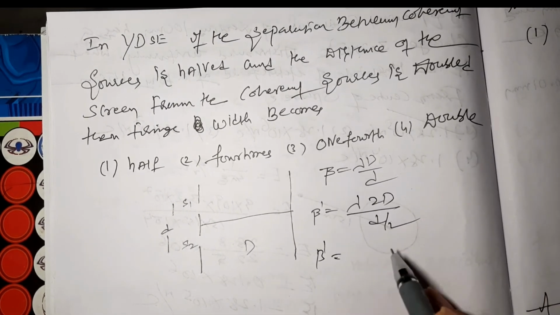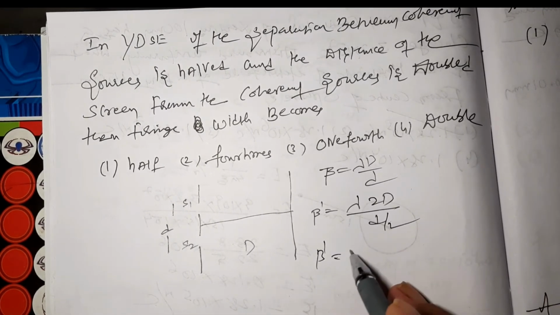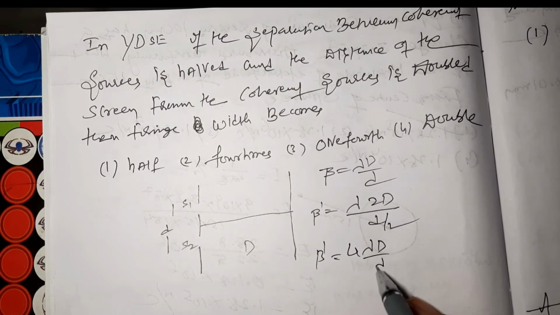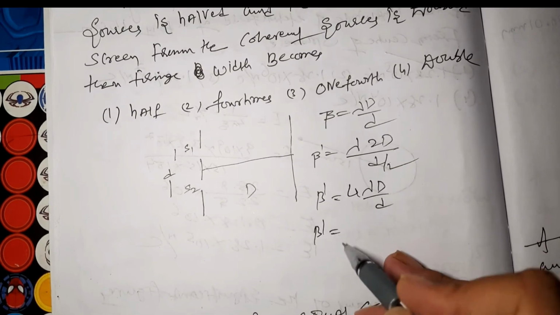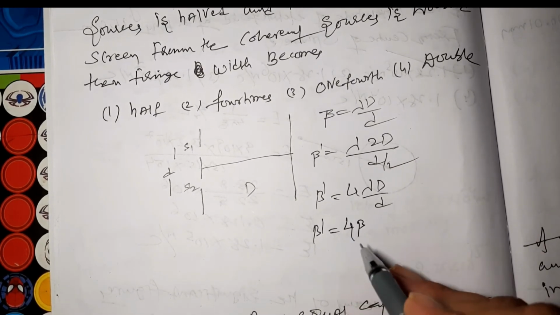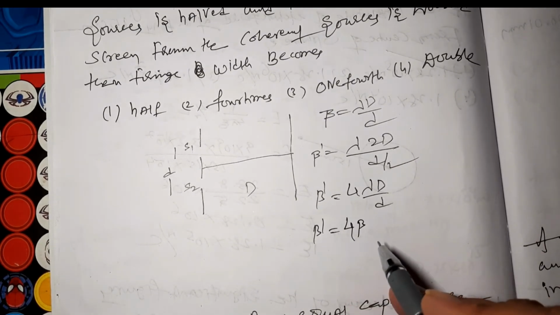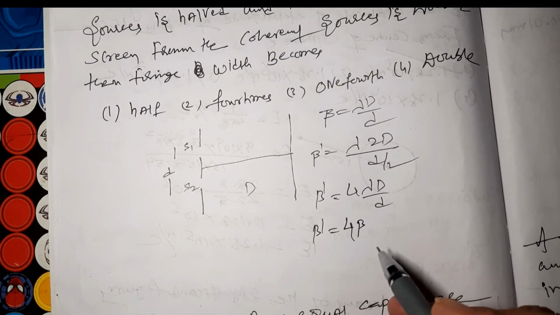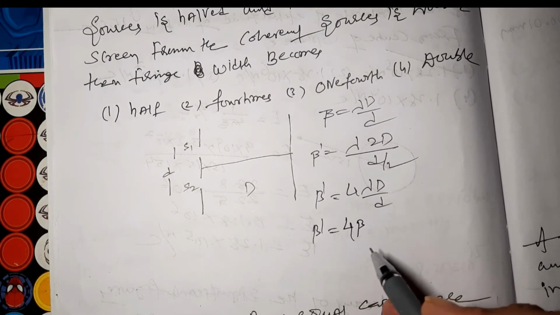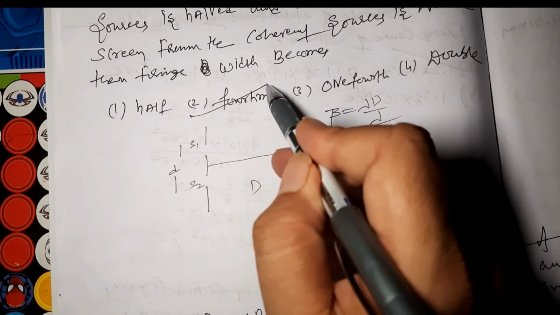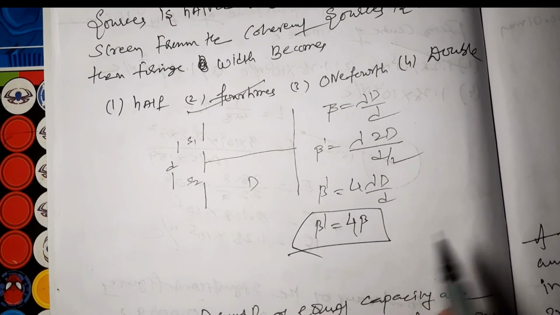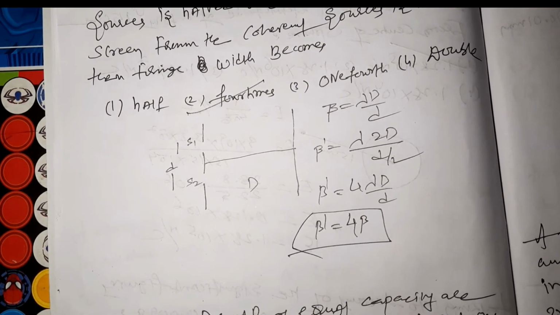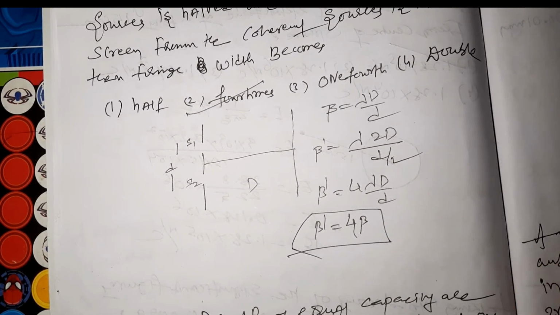So beta dash is equal to how much here? 4 into lambda D by d. So beta dash is equal to 4 beta. That means fringe width is increased by 4 times. This is the correct option. Right.